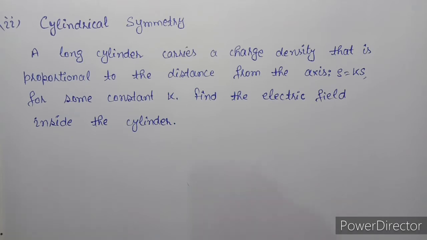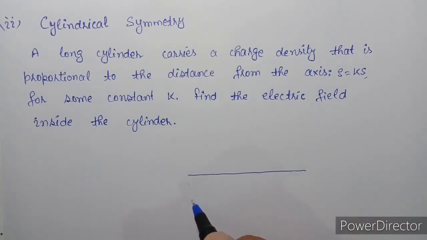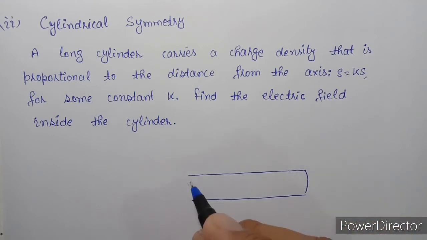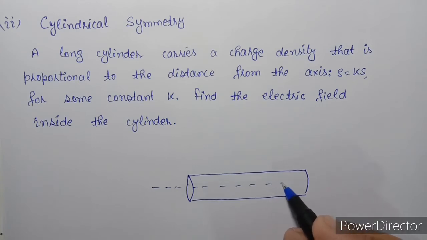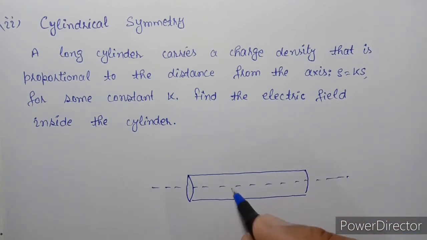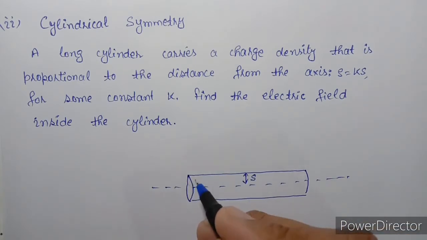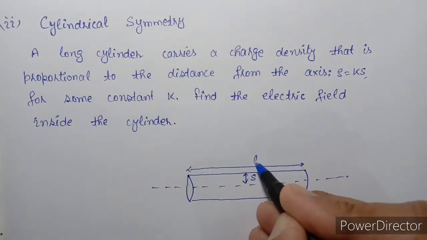So as per this problem, here we have a cylinder, where s is the radius of the cylinder, and the length of the cylinder is L.